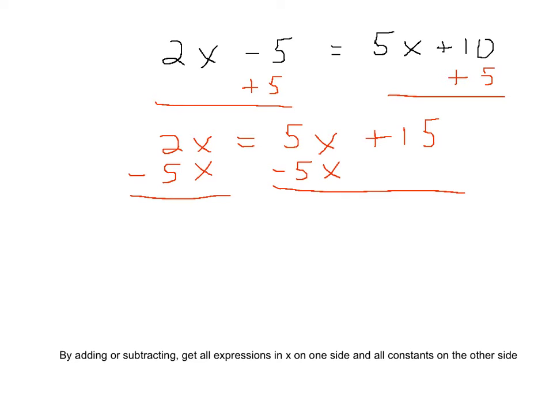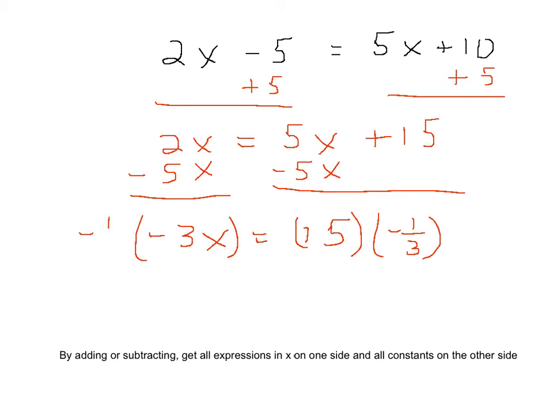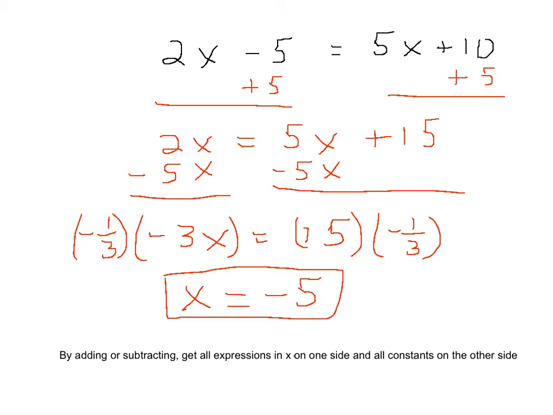It would have been better to get my x's with a positive coefficient, but no big deal. So now I have minus 3x equals 15. Multiply both sides by minus 1 over 3. And my solution is x is equal to minus 5. So the big strategy here, right here on the bottom.